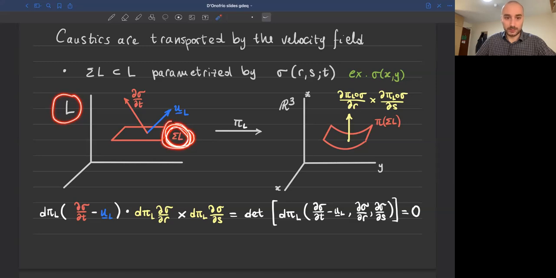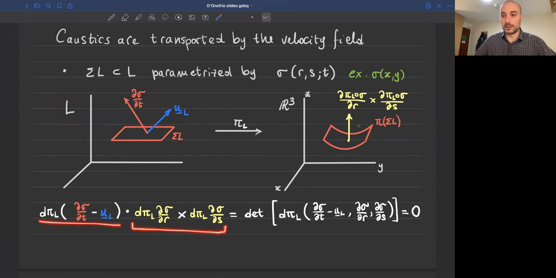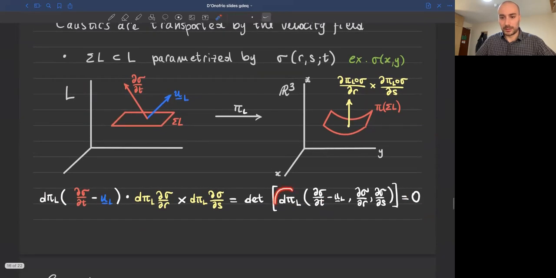The singular locus is not necessarily transported in L. But if we now project this difference to the physical space, and then compute its normal component to the caustics, this is going to be 0, because we can write this whole operation as this one, and the determinant of this is 0 by assumption, because we are restricting our attention to the singular locus, where this thing is singular.